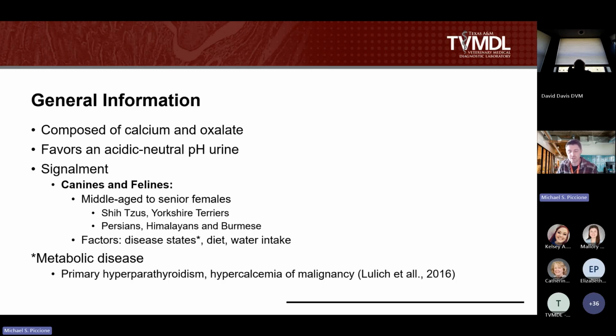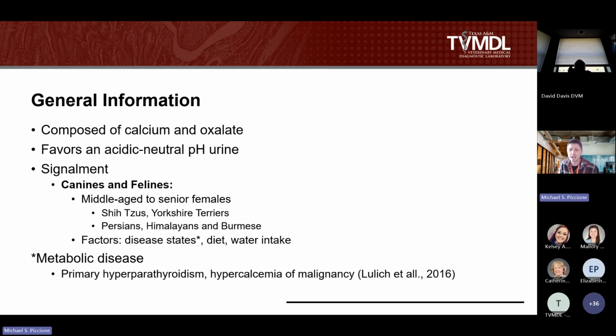The urine itself then reaches this supersaturated state, which we talked about a few slides ago. And like we discussed before, when the patient's body is in that supersaturated state, specifically in that urinary tract, that is going to be the foundation for this crystal formation and thus urolith formation in general.